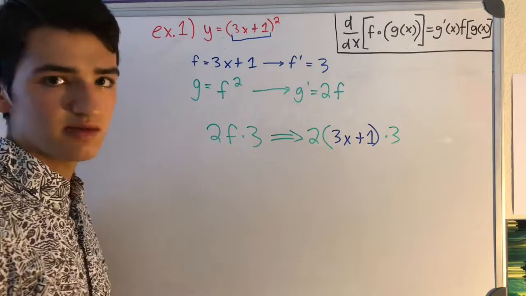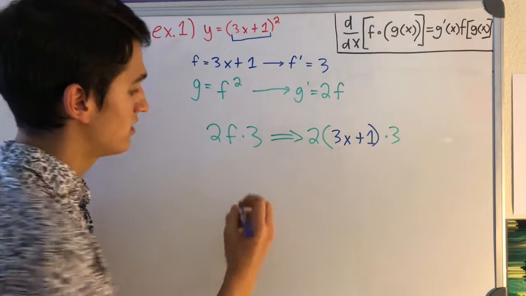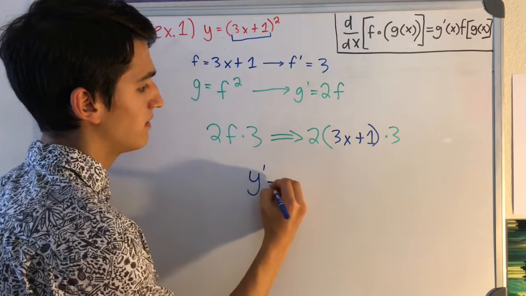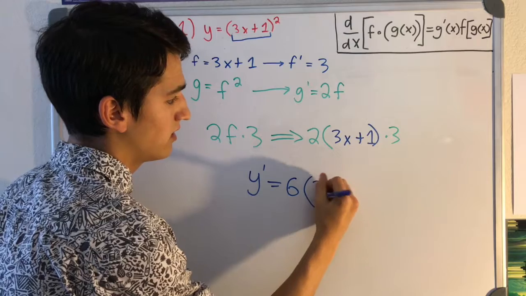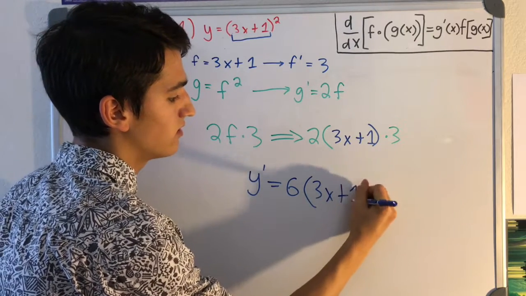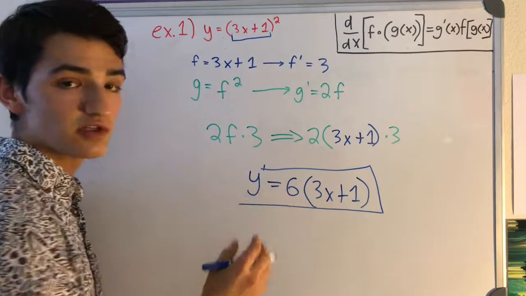If we wanted to simplify this more, we could just say, finally, that y prime equals 6 times 3x plus 1.